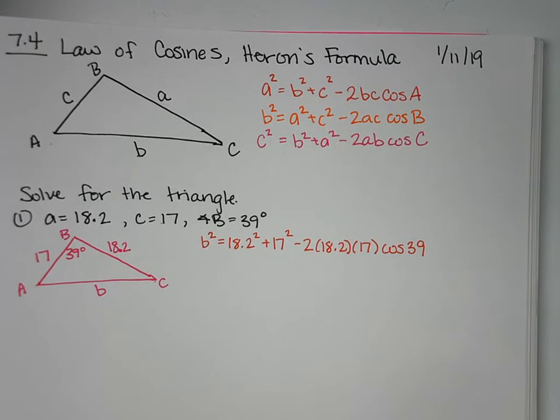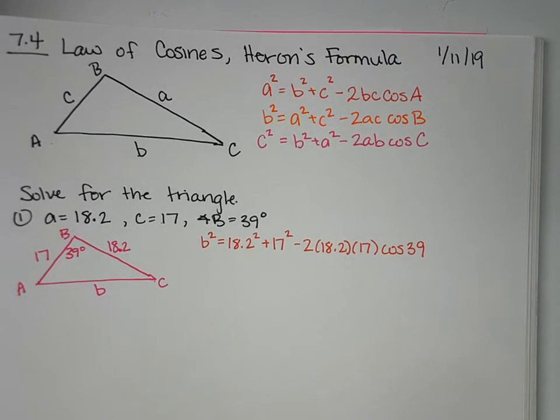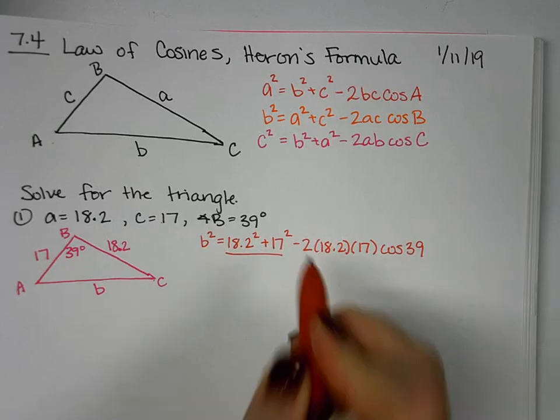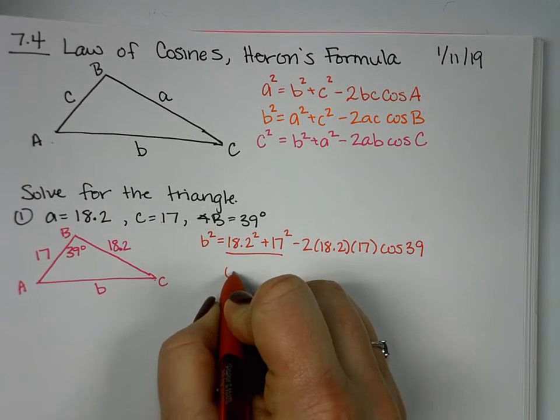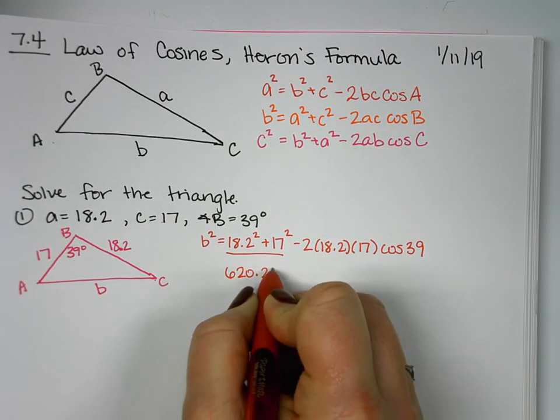If you're really confident and stealthy with a calculator, you can type this all in at once. I usually like to do a couple of little steps just to make sure I don't make any unnecessary errors. So 18.2 squared plus 17 squared gives me 620.24.